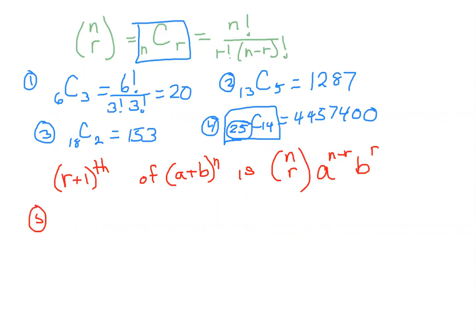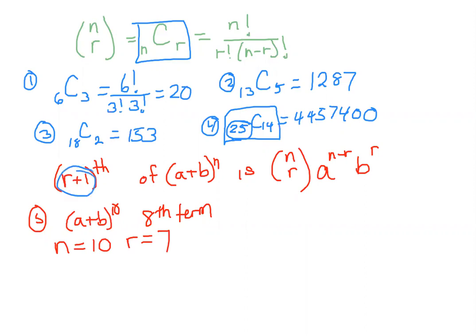We've got a plus b to the 10th, and we want to find the 8th term. So n equals 10 and r equals 7, because look, it's r plus 1. So r plus 1 equals 8, so r equals 7. R equals the term minus 1.